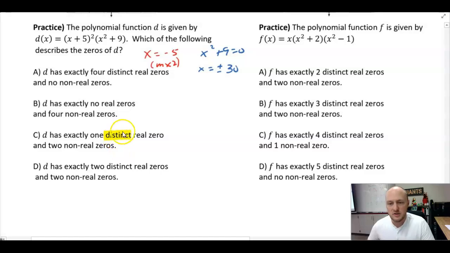Distinct means unique. So this function only has one distinct real zero, and that's negative 5, and then it has two non-real. So the answer here is C. One distinct, it repeats twice, but only one, and then we have two imaginary.